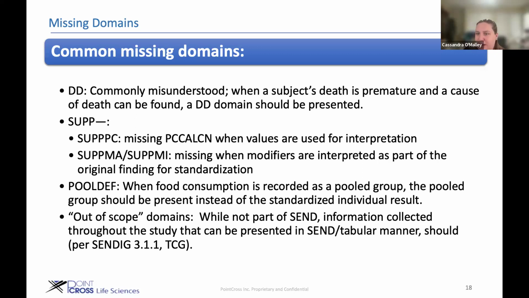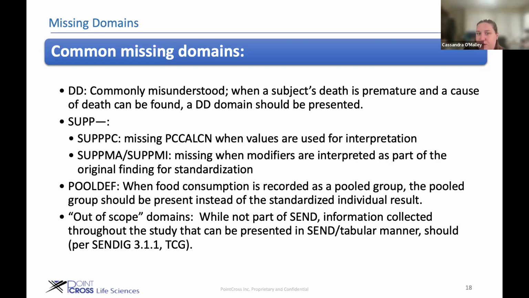We also find that SUPP files are often missing. For the SUPPPC, it would be because there's a missing PPCALC-N, which is the value used for interpretation when results are either below a level of quantitation or above a level of quantitation. We also find that SUPPMA, SUPPMI, and even SUPPCL are commonly missing. SUPPCL doesn't necessarily have to be included, but SUPPMA is usually included in a study.